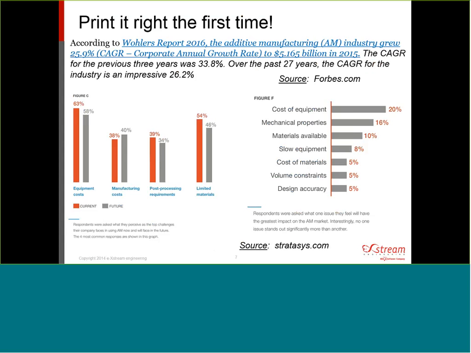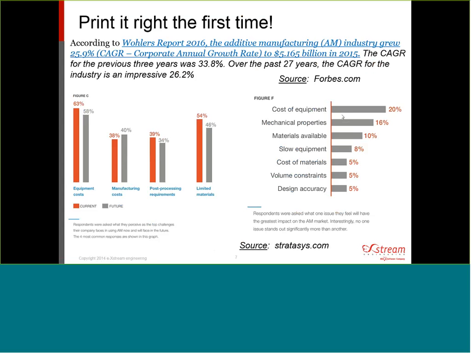So the additive manufacturing industry is growing very fast. Although it's not a brand new industry, it has some very recent interesting activities. But still, what we see is that there are still quite a few pains that hinder the development of additive manufacturing. You can see here results of studies conducted, for instance, by Stratasys, where the end users report a high cost of equipment as one issue that can have an impact on the AM market.